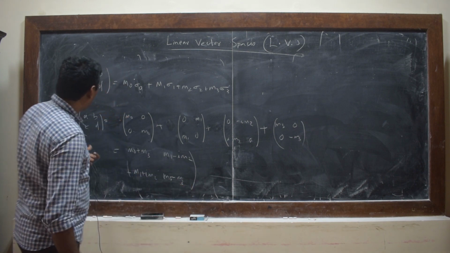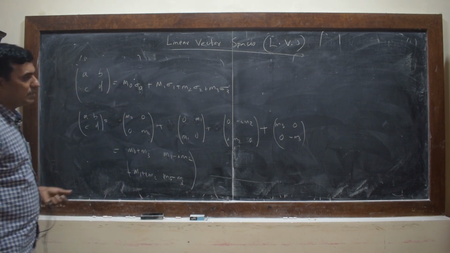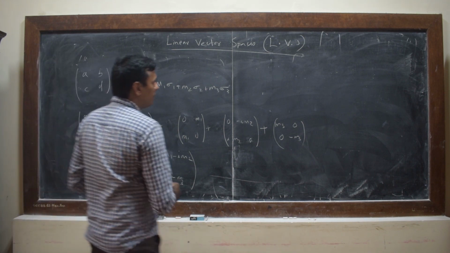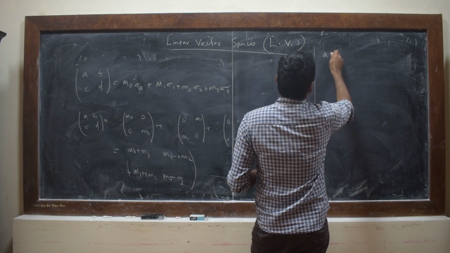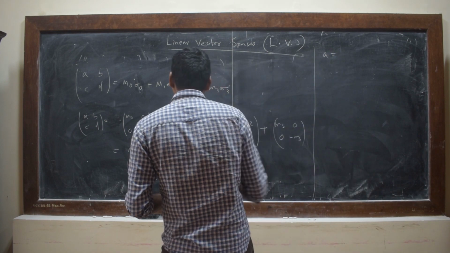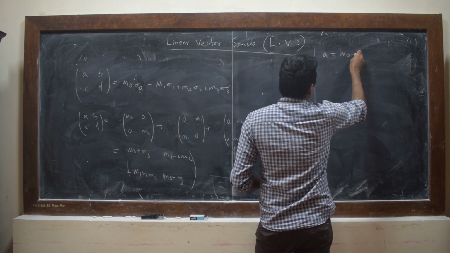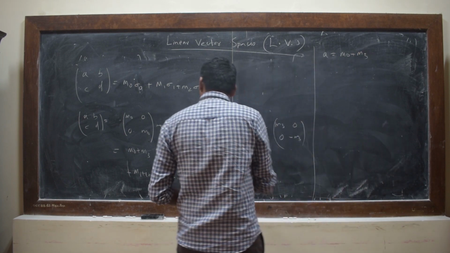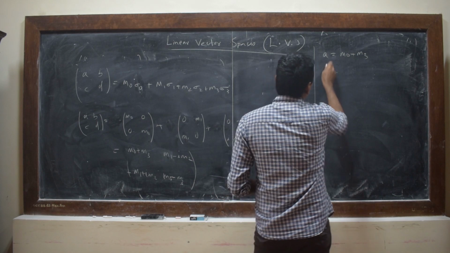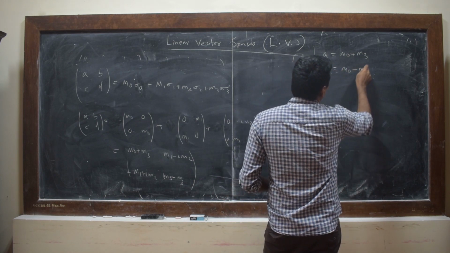That should be equal to the matrix ABCD, which tells you that A is equal to m0 plus m3, and D is equal to m0 minus m3.